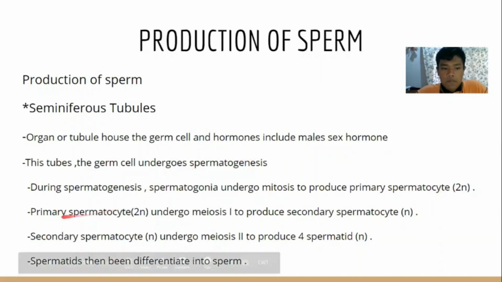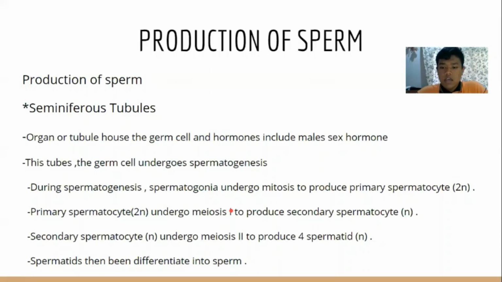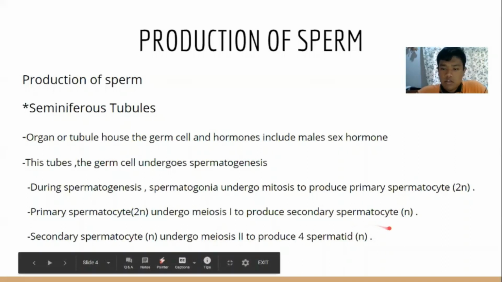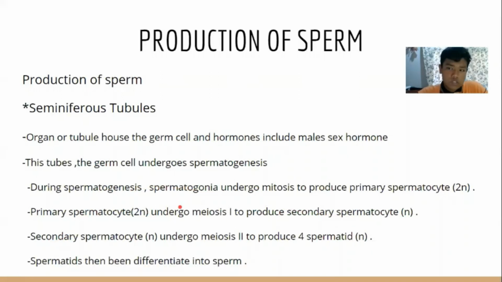After that, the primary spermatocyte, which is 2N, undergoes meiosis 1 to produce a secondary spermatocyte, which is a haploid cell containing half of the parent's chromosomes. Then the secondary spermatocyte, which is a haploid cell, undergoes meiosis 2 to produce 4 spermatids, and these 4 spermatids are also haploid cells.